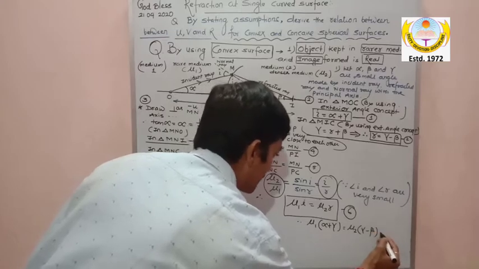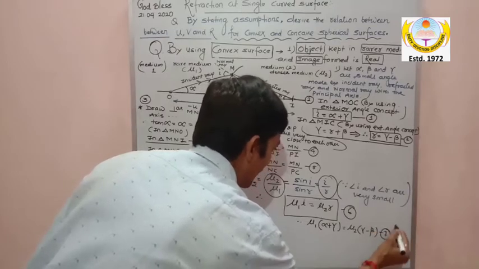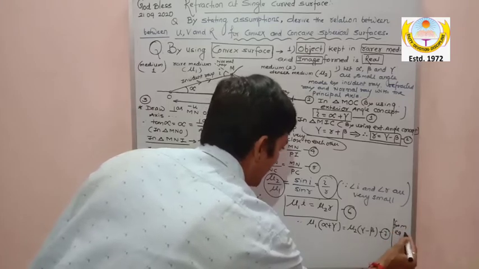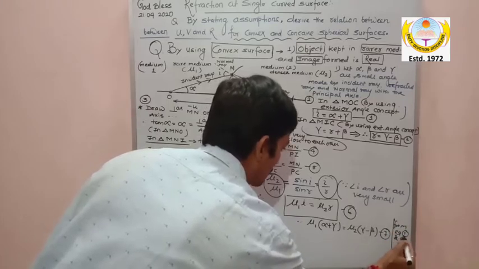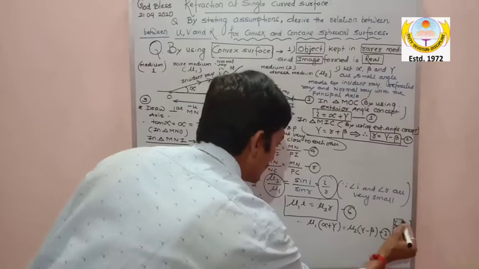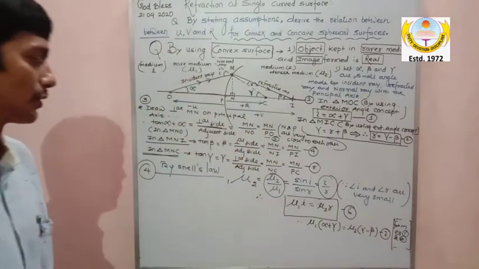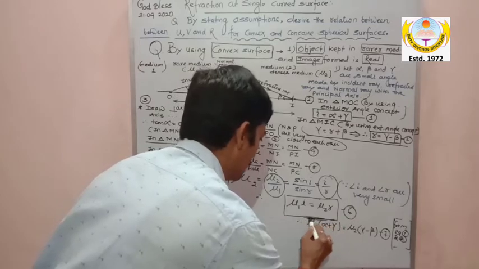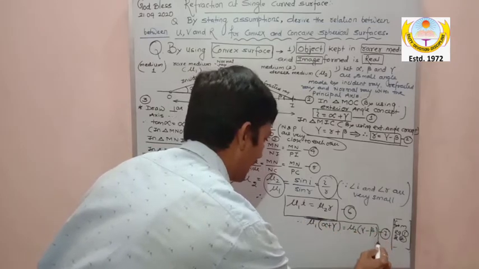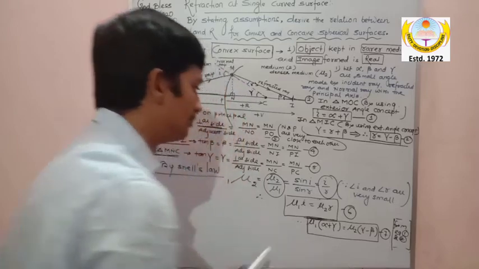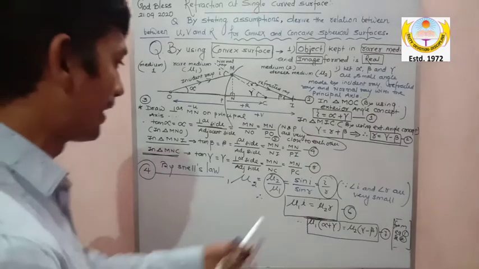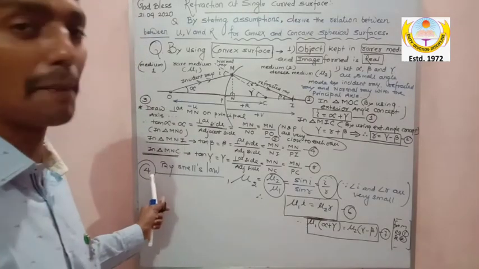This I got as equation 7 from equations 1 and 2. So I will put it as equation number 7, that mu 1 times alpha plus gamma is equal to mu 2 times gamma minus beta. You can see this equation, and my dear, here is the end of concept number 4.